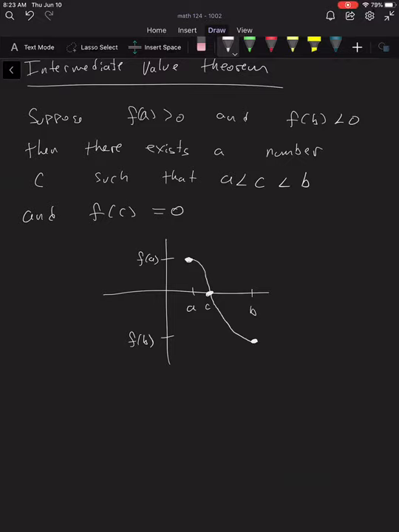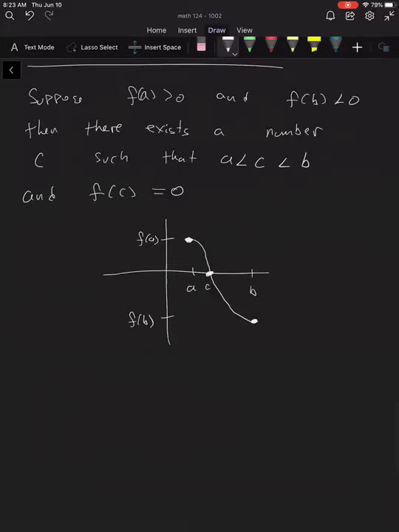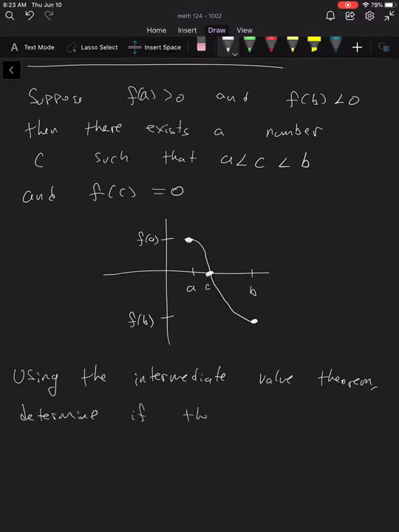And so for these next questions, using the intermediate value theorem, determine if there is a 0 between the given points.